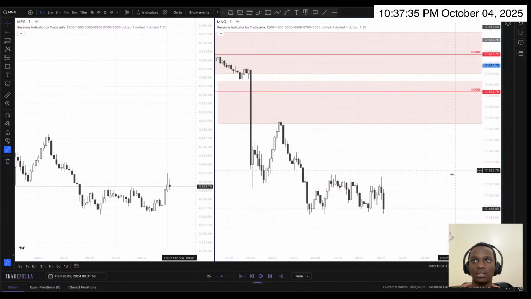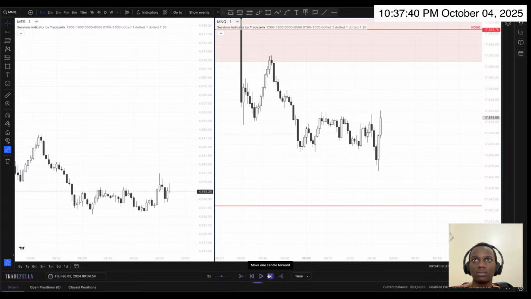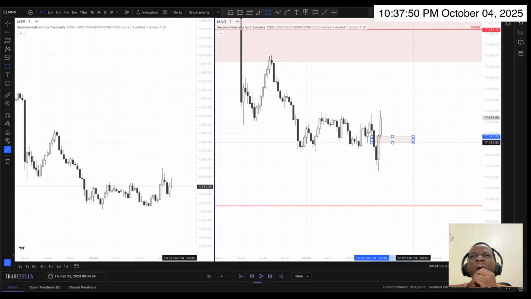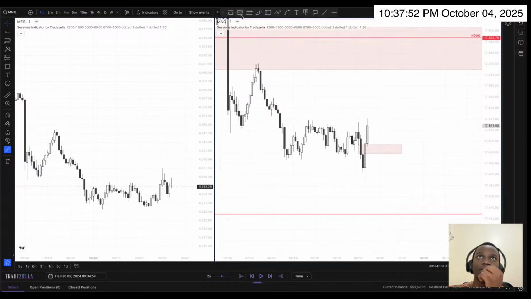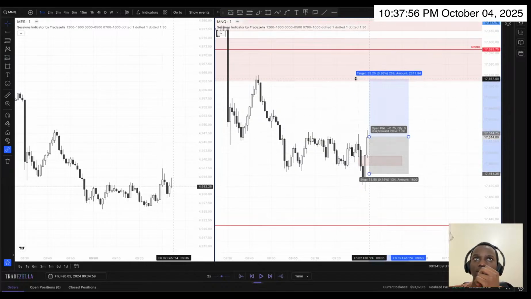NQ hasn't done that yet. And then we run this low here, forming this. Now here we can take an internal swing. Let's check it out, and target this internal high.